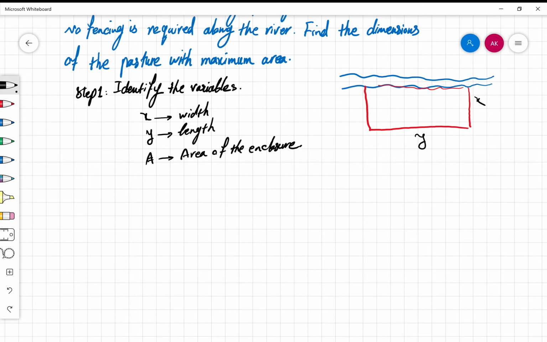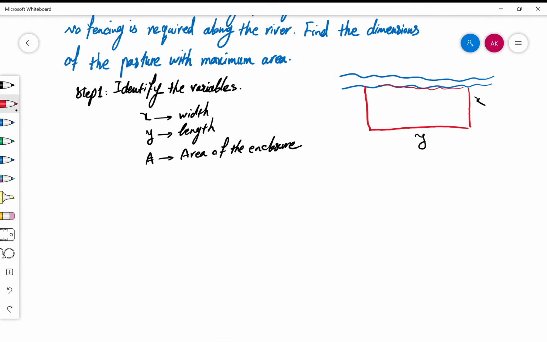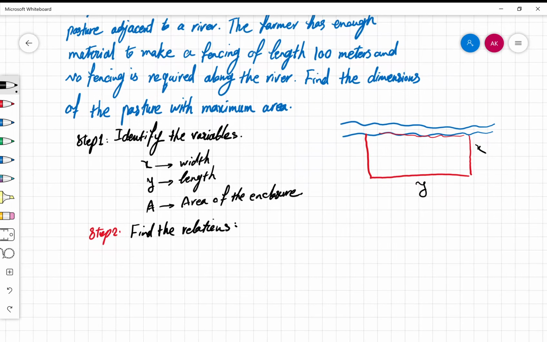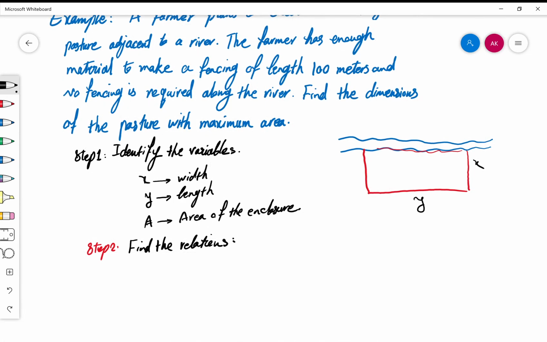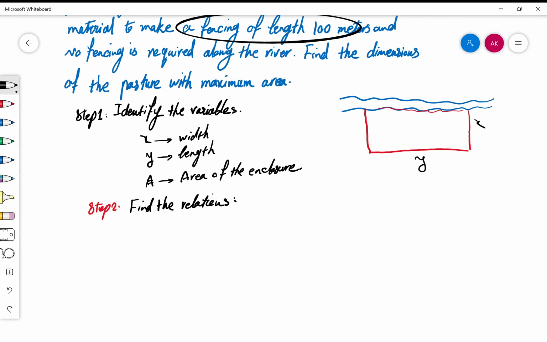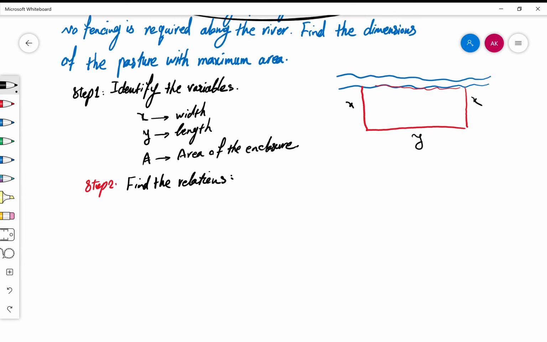Step two is, well, find the relations or equations. Here, one of the given pieces of information is that the fencing material the farmer has is 100 meters. So if this is x, the fencing length is this part, yes?